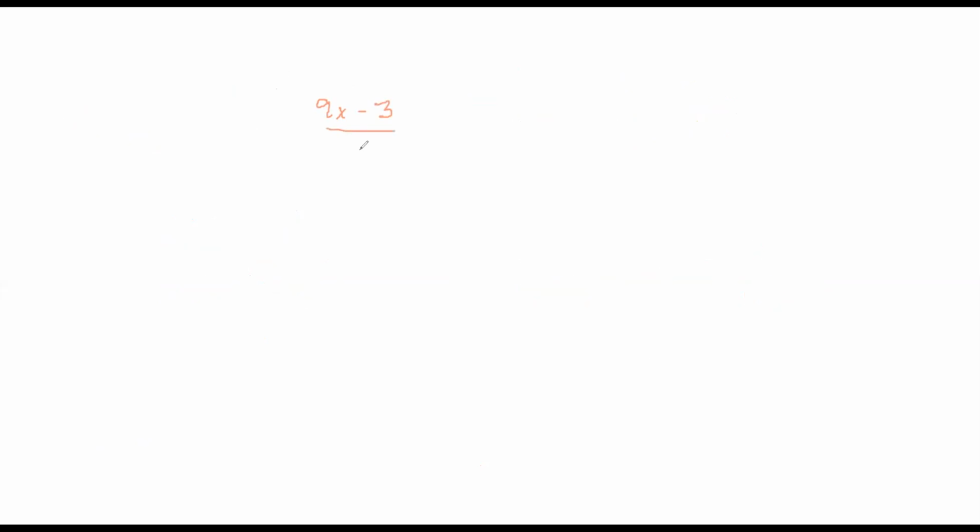So we're multiplying, and let's multiply it by 2x over 1. So we're just multiplying it by 2x, right? What we can do is numerator times numerator and denominator times denominator. So it's 2x times 9x minus 3. Let's say now that we want to divide by 2x.